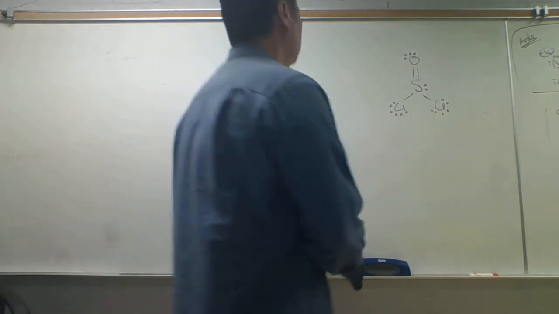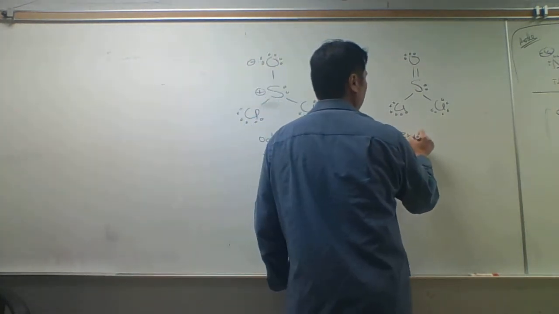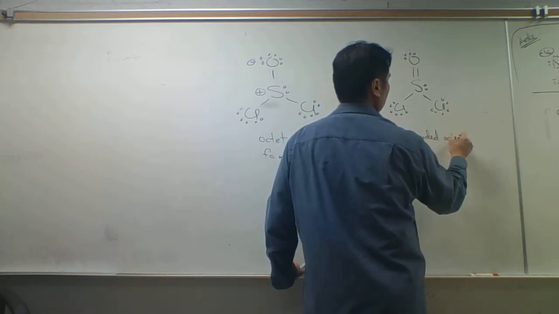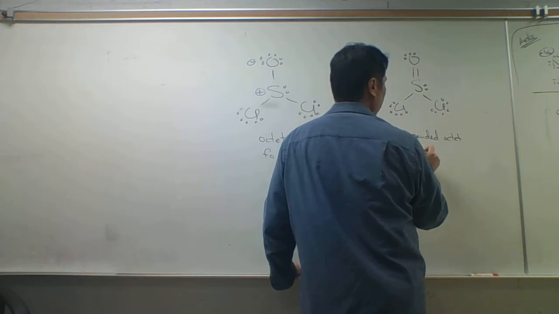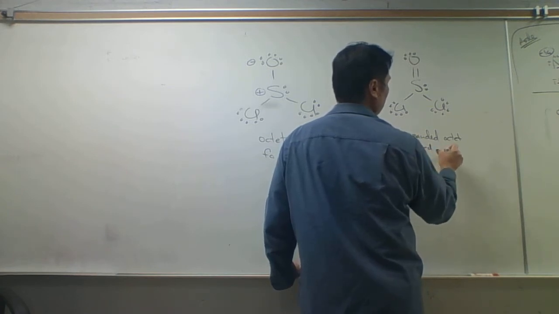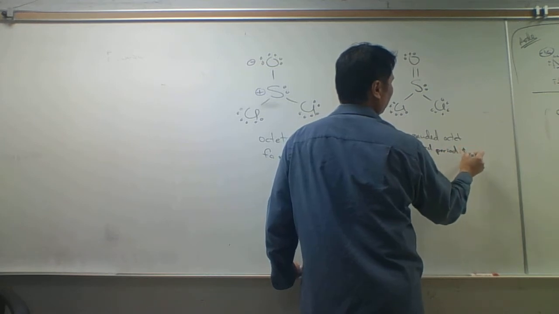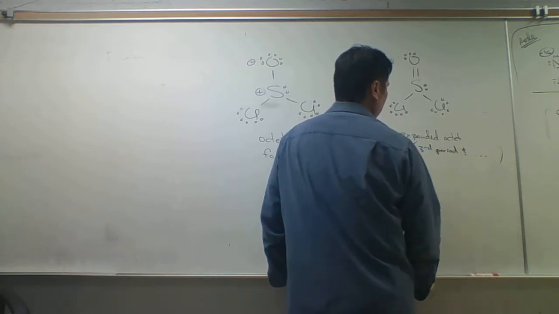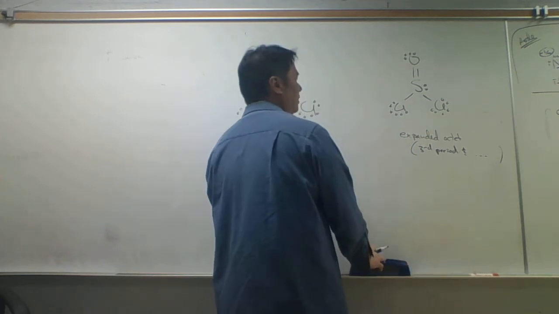And so there are two. This one is expanded octet. And again, expanded octets are for third period and lower, lower in the periodic table, higher in the period.